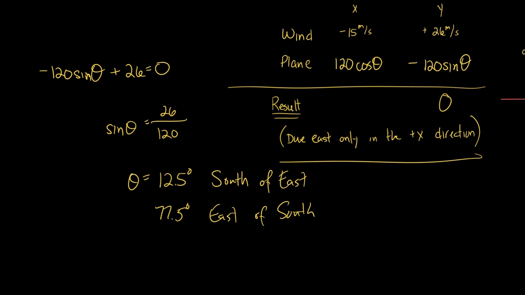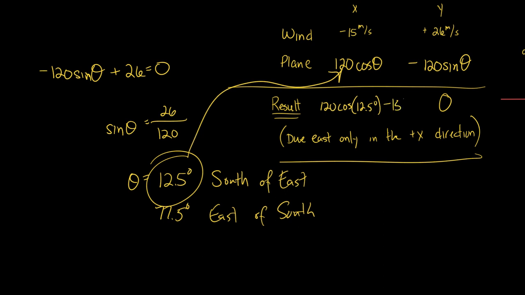There's more, right? How fast is the plane going along the ground? You could figure that out too, couldn't you? That would just mean taking this 12.5 degrees, putting it here, and doing 120 cosine 12.5 degrees minus 15. This has to be the ground speed of the plane as it lands, which is clearly going to be slower.